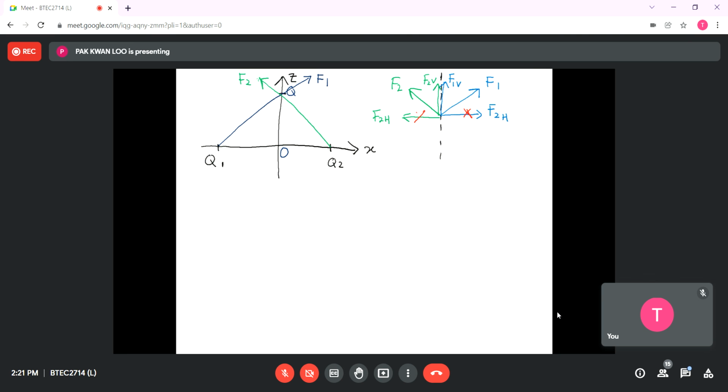So if we decompose the forces into horizontal and vertical components, the horizontal components cancel off, and the only net force here is the vertical component. We can do this analysis, same goes for Q3 and Q4, right? So let's say I draw this.